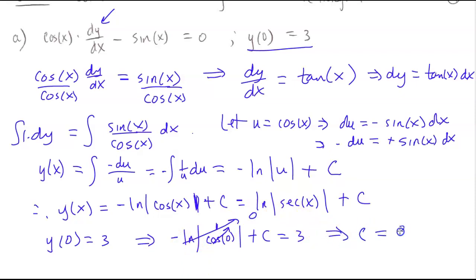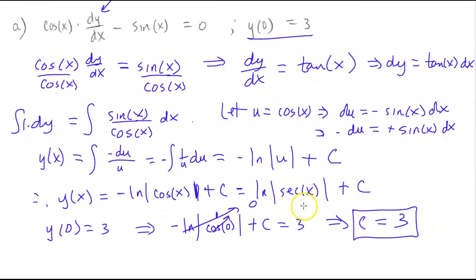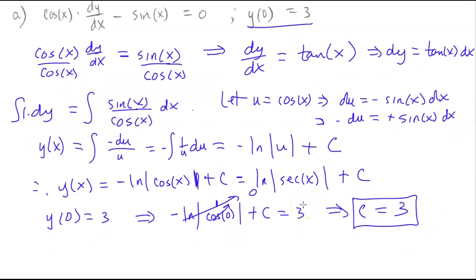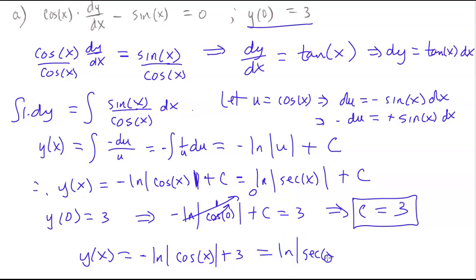So that essentially ends up being c is equal to 3. Then our final answer is y of x is equal to negative natural log of cosine of x plus 3, or natural log of secant of x plus 3, where of course we have the absolute values.